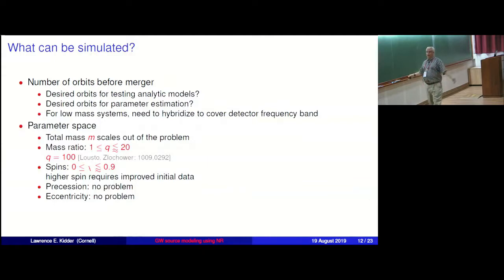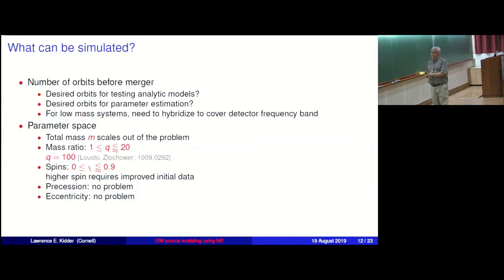For signals that are longer than, say, 40 orbits, we'll need to hybridize a numerical waveform at the end with some sort of post-Newtonian-based waveform for the early inspiral. For the binary black hole problem, the total mass scales out of the problem, so an equal mass simulation that we do for a ground-based detector is equally applicable to supermassive black holes or LISA.